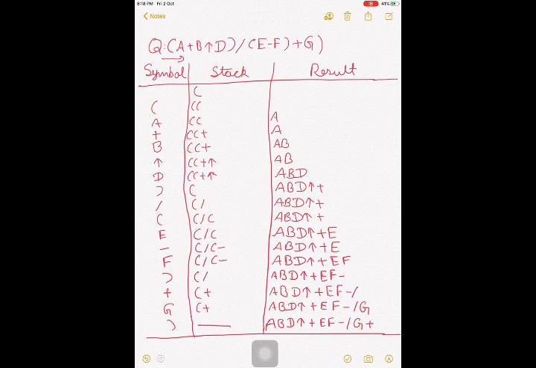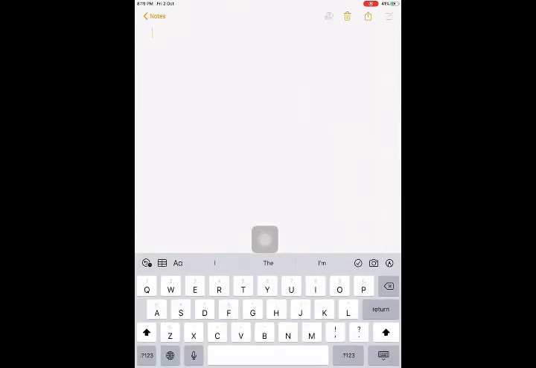So now we should focus on the next type of problem, that is evaluation of postfix expression. Here you will have a postfix expression and you have to evaluate it, that is, get the answer of that postfix expression.